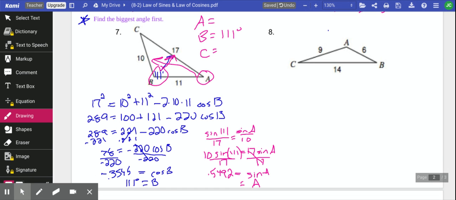You're going to take the inverse sine of that, and we'll just round it to 33. And then the last one, we'll take 180 minus 111 minus 33, and angle C is 36 degrees.